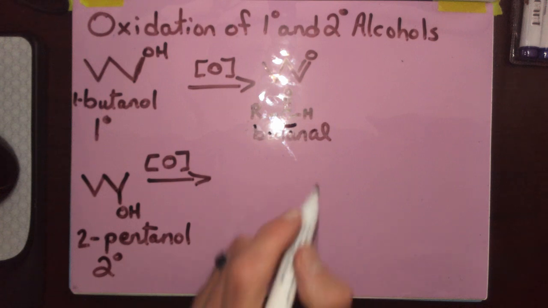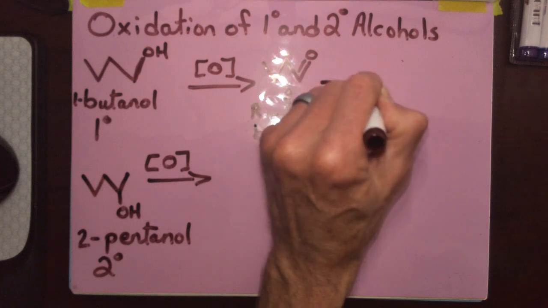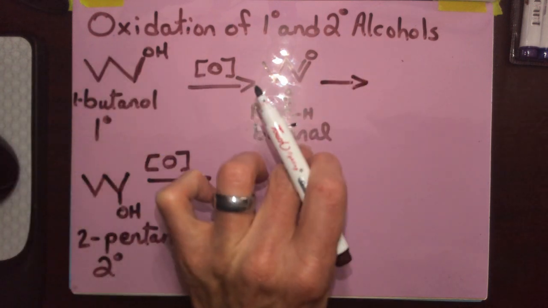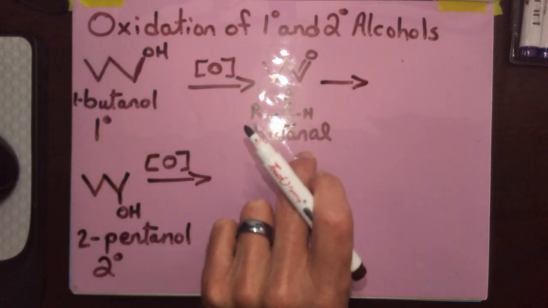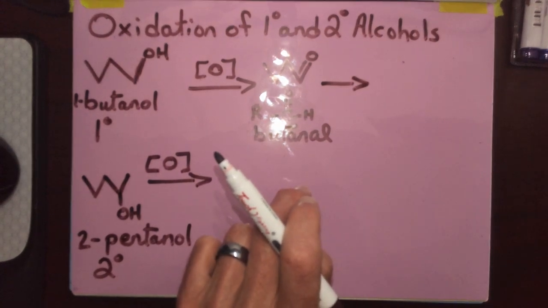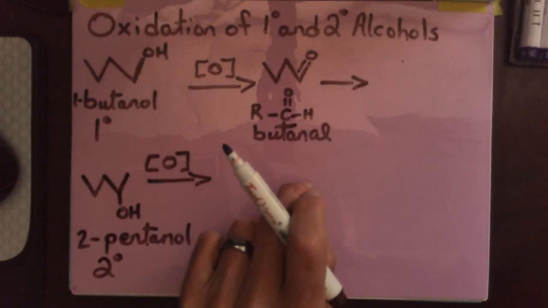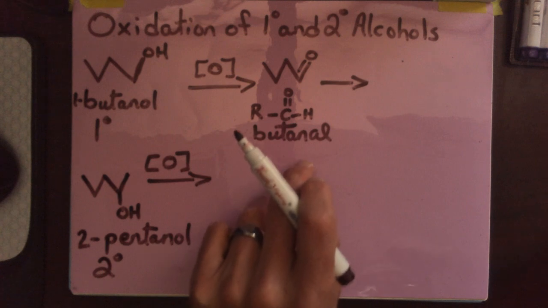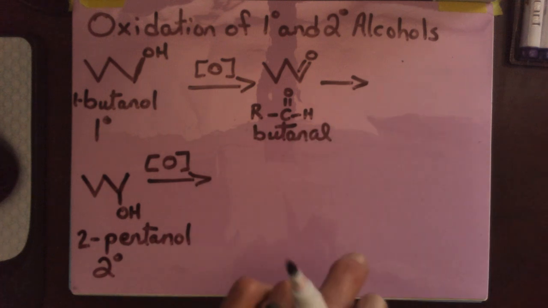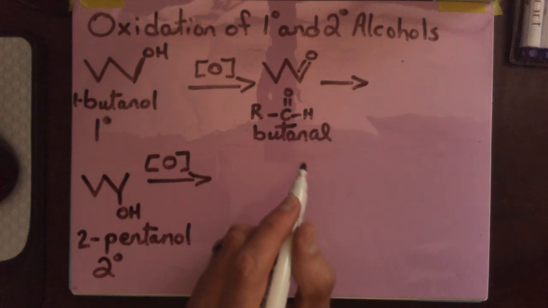Now, primary alcohols, once they go through this oxidation and become an aldehyde, can continue forward and proceed to become a carboxylic acid.